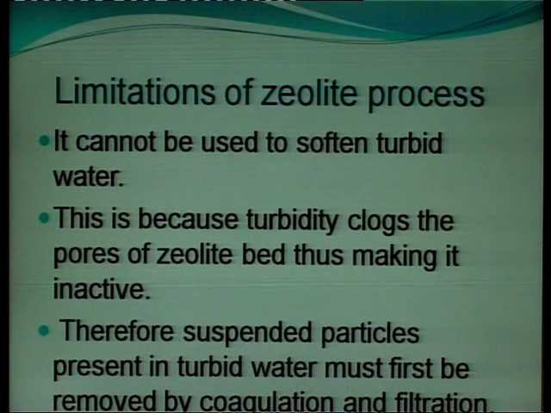So, if we want to treat turbid water with this process, we have to remove suspended particles which are present in turbid water, first by coagulation and then by filtration. Only then the coagulated and filtered water can be treated with this process.